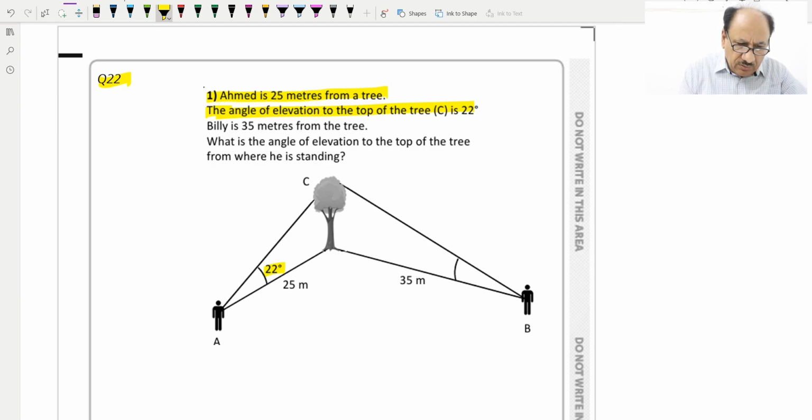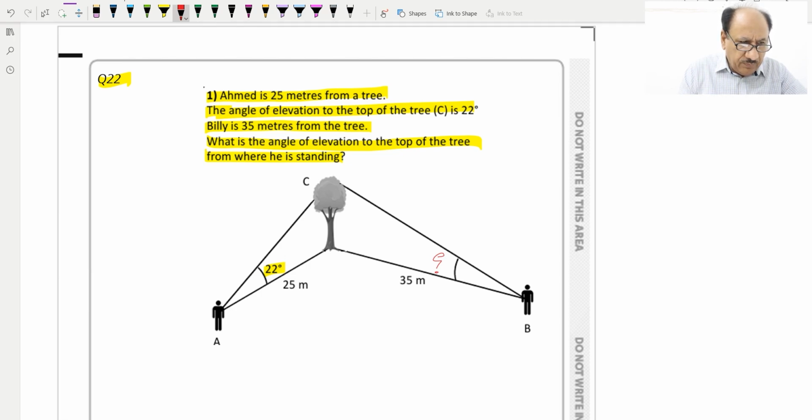And then Billy is 35 meters from the tree. What is the angle of elevation to the top of the tree from where he is standing? So this angle of elevation is basically required.